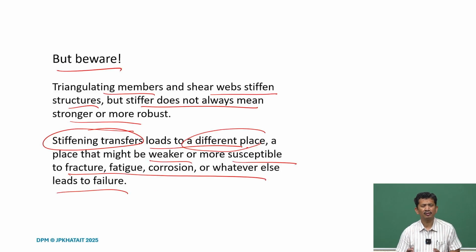So we always have to be aware that when we provide extra stiffness and rigidity, how the load is getting transferred. Again, we have to be aware of the load path, and look at it together: if the load is getting transferred from one place to another, and the stiffness is provided at one point, how is it mitigated at another place, or whether it's affecting the part elsewhere. So we have to be aware of the consequences.